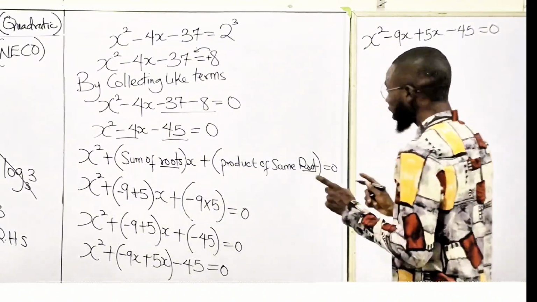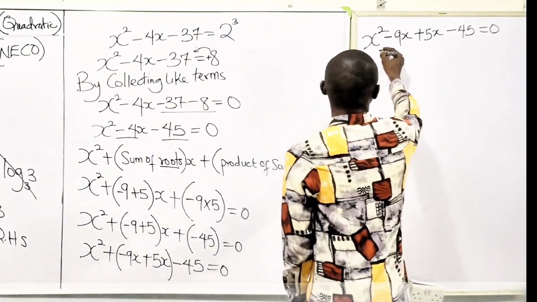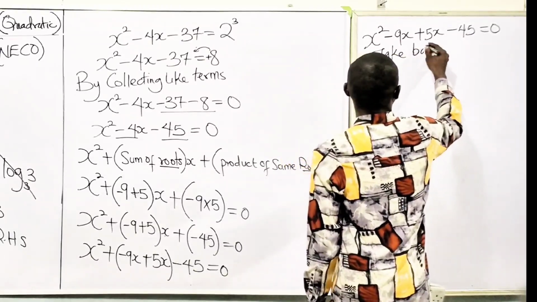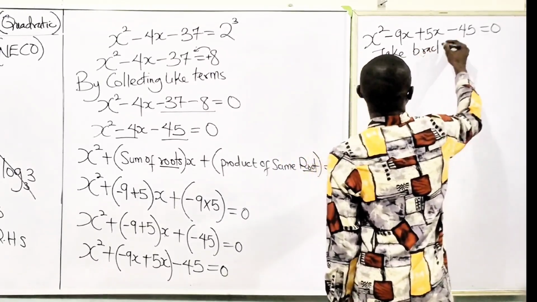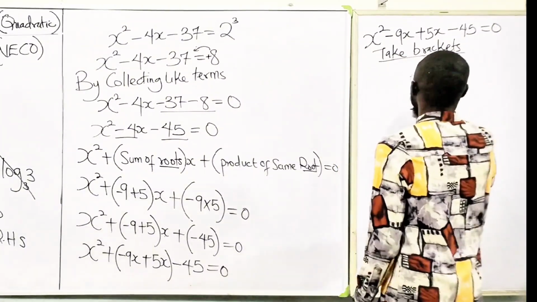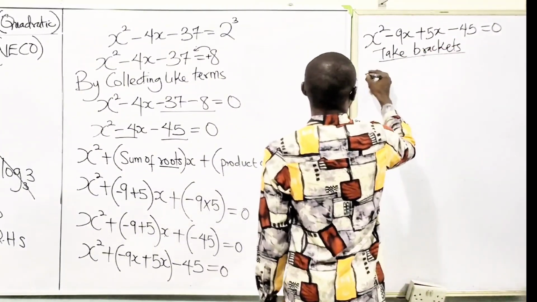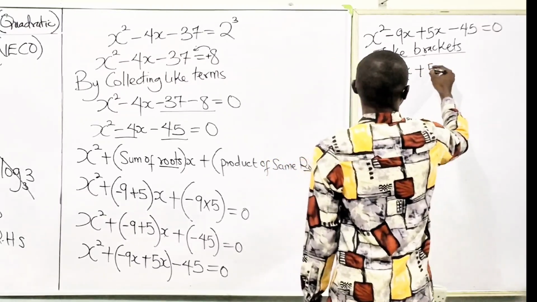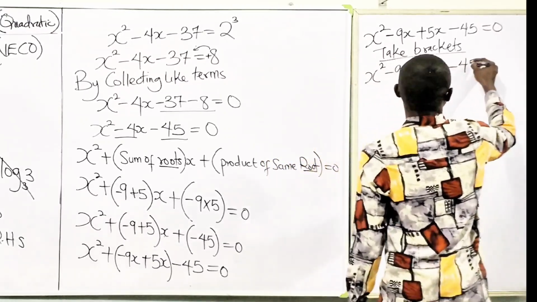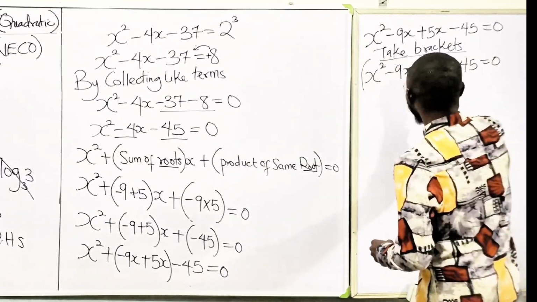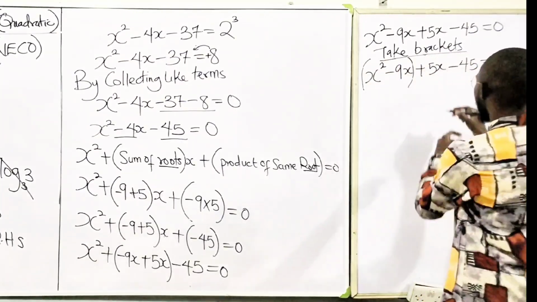Let's continue from here. Next thing is to take a bracket. What do I mean by taking a bracket? Look at it. Since we have x squared minus 9x plus 5x minus 45 equal to 0, simply bracket these two, and bracket these two.